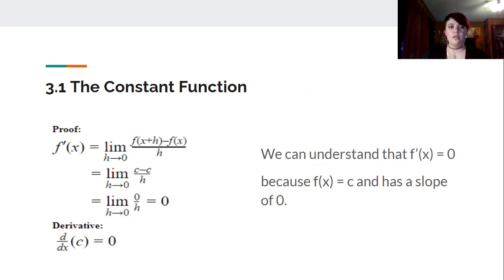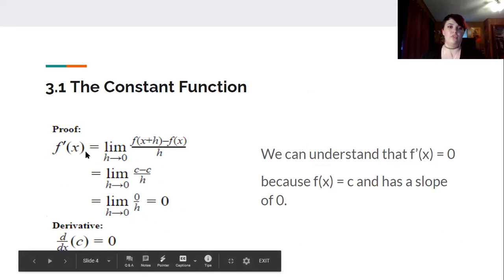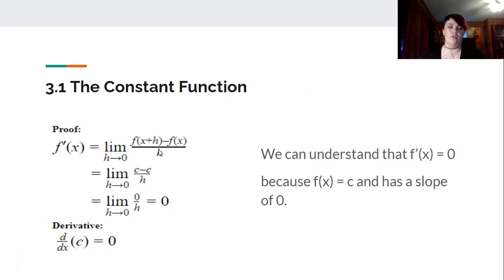Okay, so to understand how to take the derivative of the constant function, we can use the definition of the derivative, which is f prime of x is equal to the limit as h approaches 0 of f of x plus h minus f of x over h.